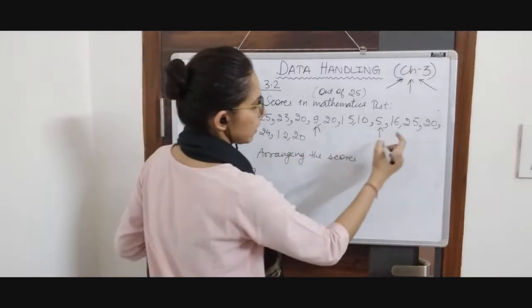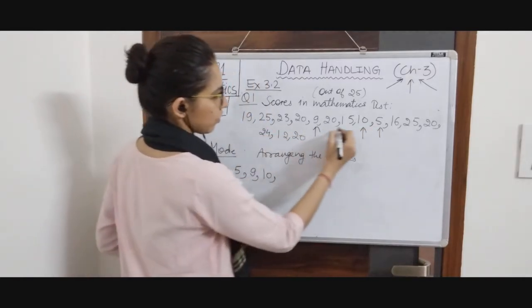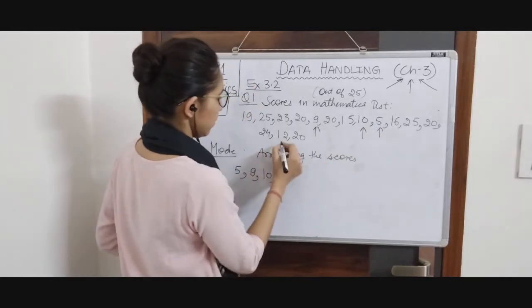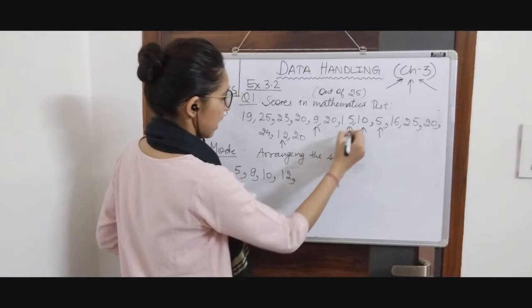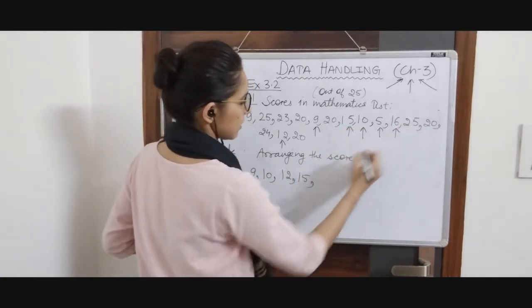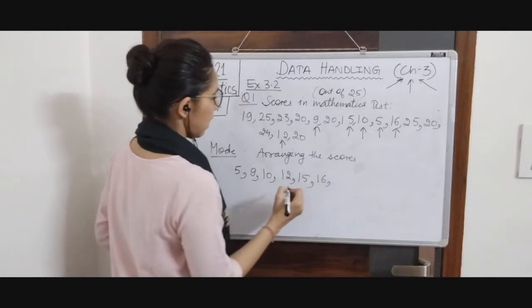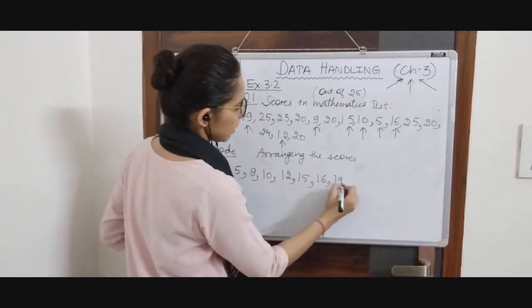The next number is 10. After that we have 12. Then we have 15. Then we have 16. After 16 we have 19.